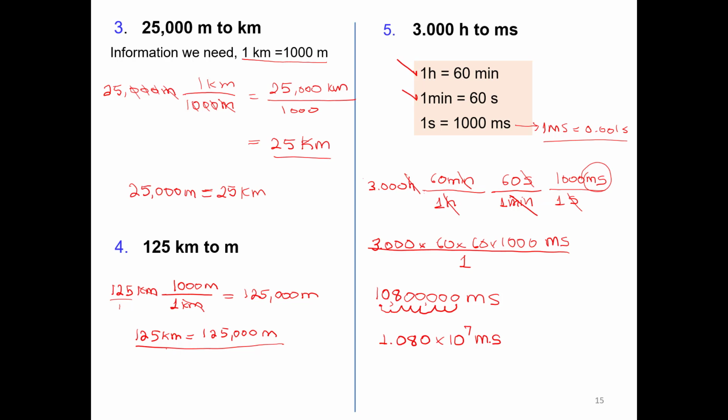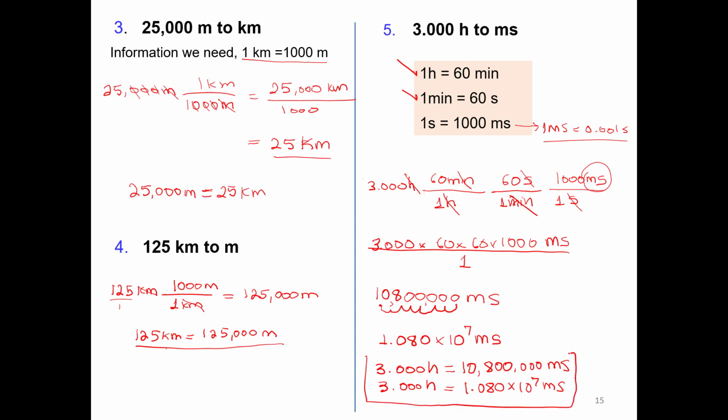Now we can say 3.00 hours equals 10,800,000 milliseconds. This is one possible answer, but we can also write 1.080 times 10 to the power 7 milliseconds. Both are correct answers, as both are the same thing.